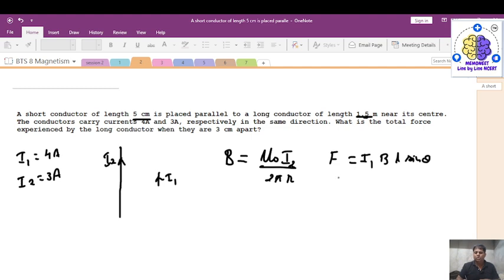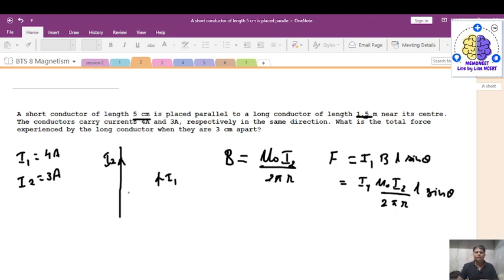So this will be equal to I1 into mu naught I2 upon 2 pi r into L into sine theta.